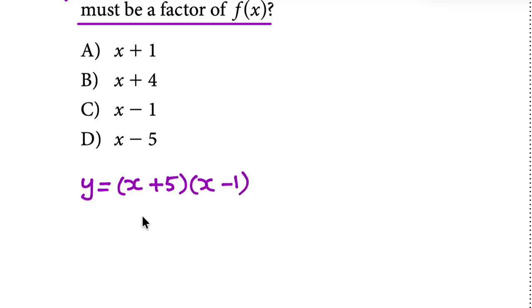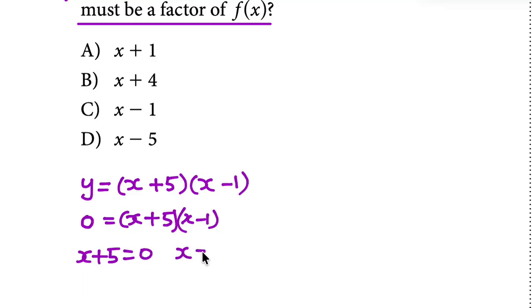To find the zeros of the polynomial, we set y equal to 0. So (x + 5)(x - 1) = 0. According to the zero product property, either x + 5 = 0 or x - 1 = 0, so x = -5 and x = 1.